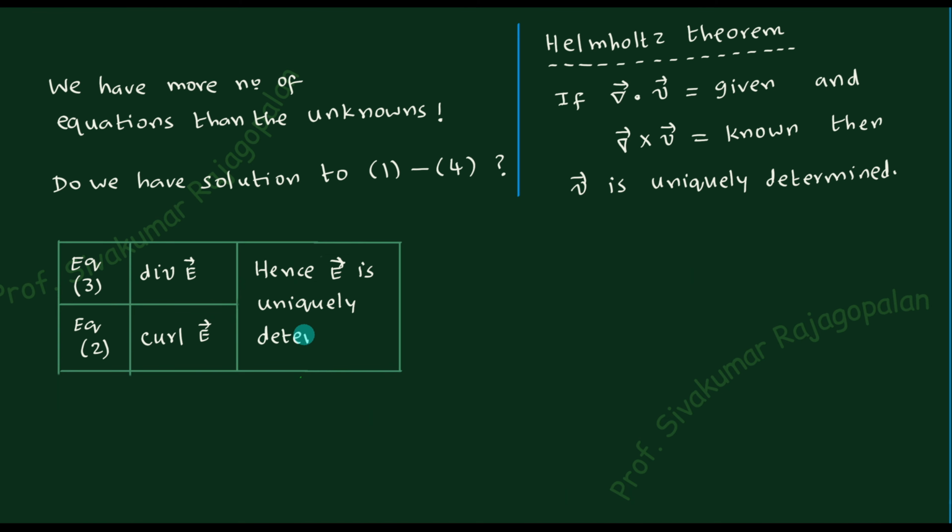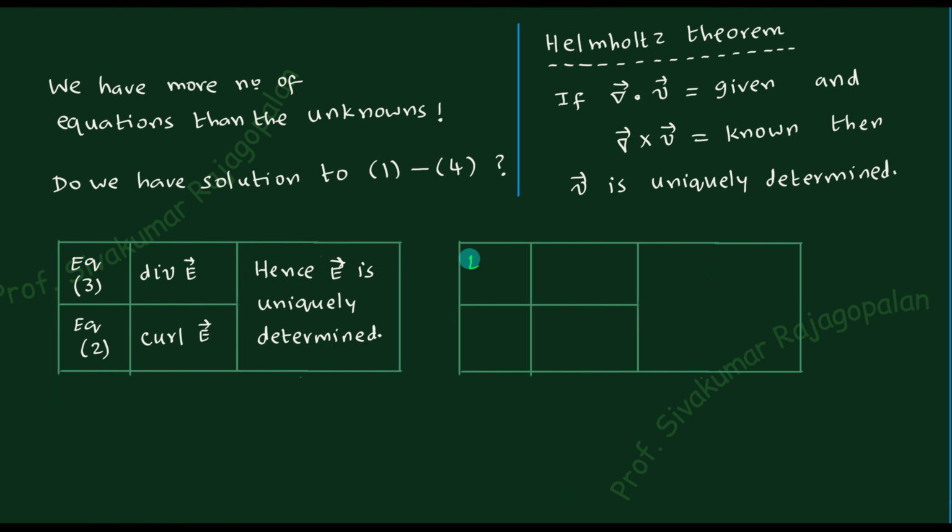So one problem is solved. Similarly, find out the equation numbers for the remaining two. Equation number 1 tells you the divergence of B, and equation number 4 tells you the curl of B. Since divergence and curl are available, once again the capital B vector, namely the magnetic field, is uniquely determined.